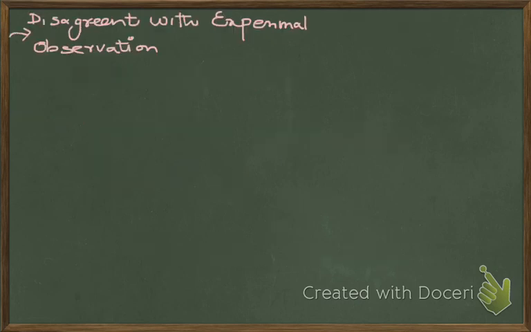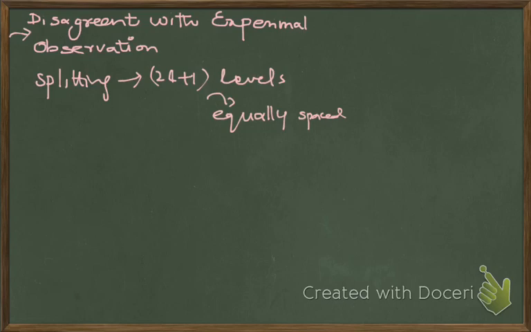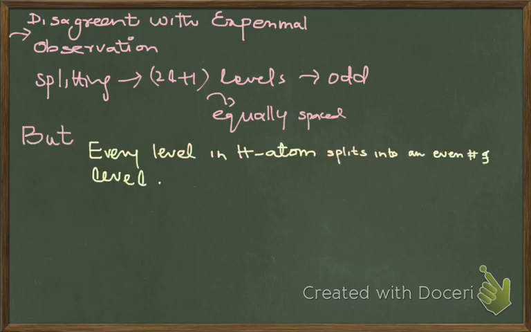Here we have discussed the normal Zeeman effect, but this normal Zeeman effect, in which we have ignored the spin of the electron, disagrees with the experimental observations, because it suggests each energy level splits into an odd number, 2L plus 1, of equally spaced levels. 2L plus 1 means we have an odd number of split levels, but actually every level in the hydrogen atom splits into an even number of levels.